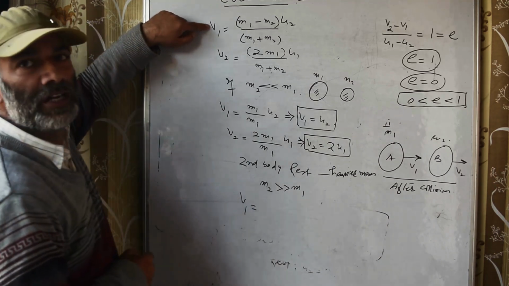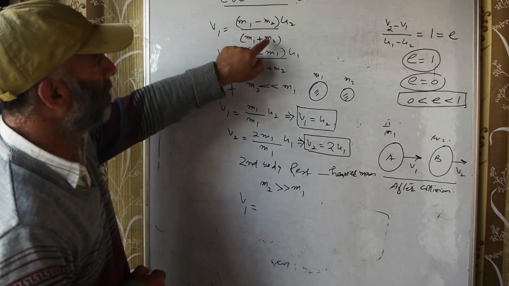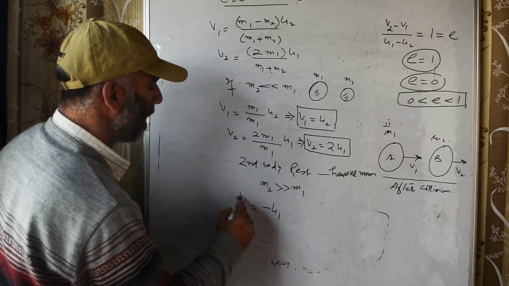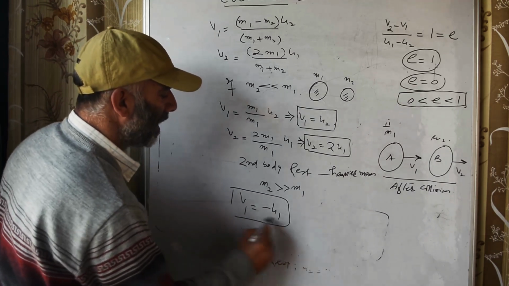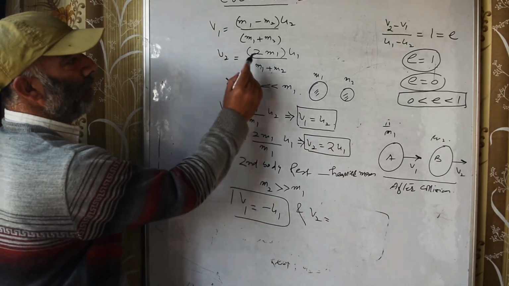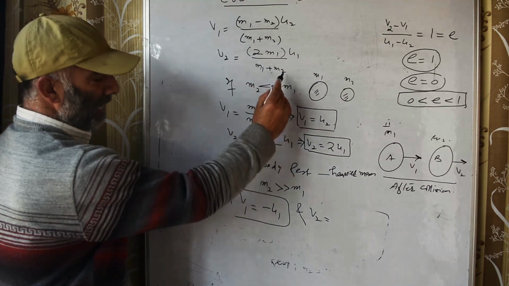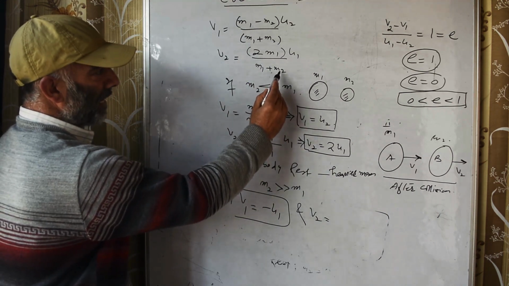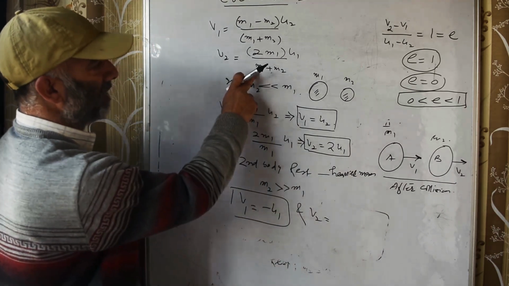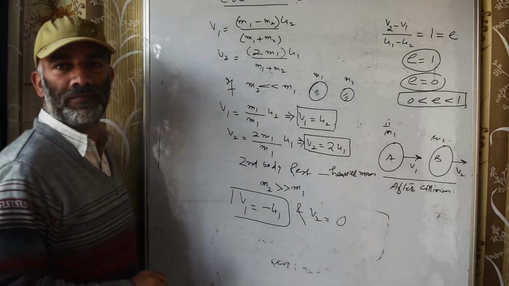V1 is equal to minus M2 by M2, this M2 will cancel, so it is equal to minus U1. And V2 will be equal to 2 times M1 divided by M1 plus M2. M2 is very, very greater than M1, so M1 is neglected this time. So V2 will be equal to 0.